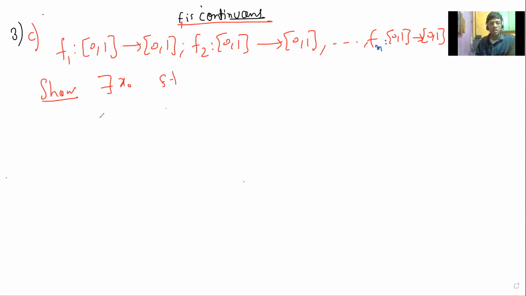Let me just write it once. I'm just writing x naught, I don't like to write x star. So there is f1 of x naught plus f2 of x naught and so on till fm of x naught, and we want to show that this is m times x naught.